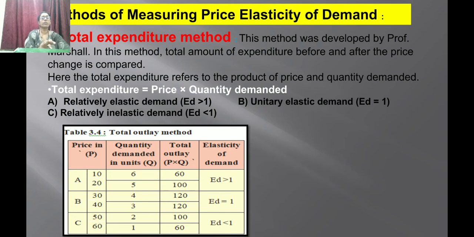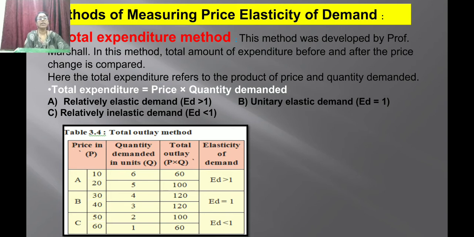Now 40 into 3 is 120. So in multiplication, the total expenditure P into Q is 120 and 120. When both are 120, the change is the same. So elasticity of demand is 1.